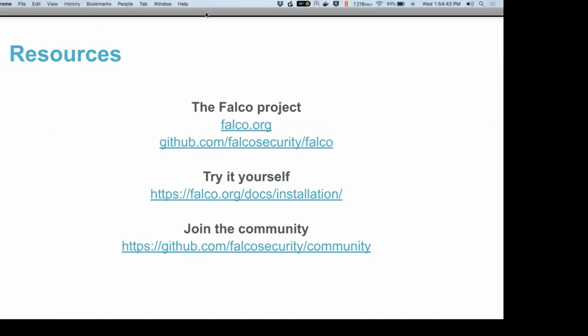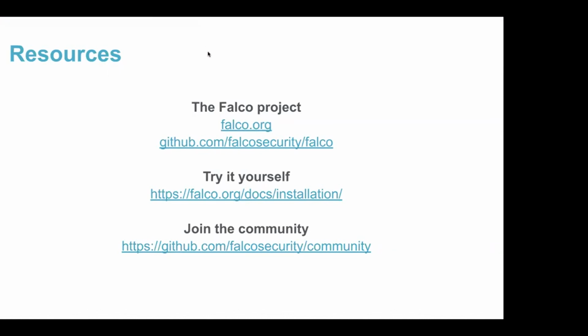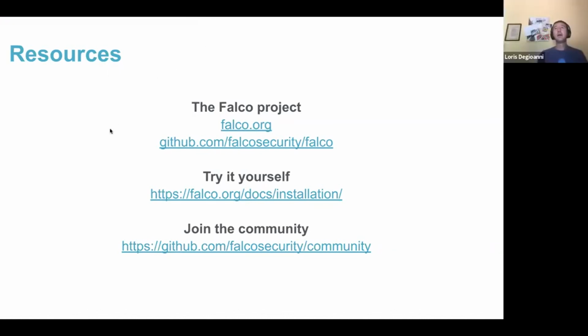Can Falco be integrated with Cilium? Not really, because they do different things. The thing that Falco and Cilium have in common is that they're both based on eBPF. So they both use this powerful and revolutionary functionality in the Linux kernel.